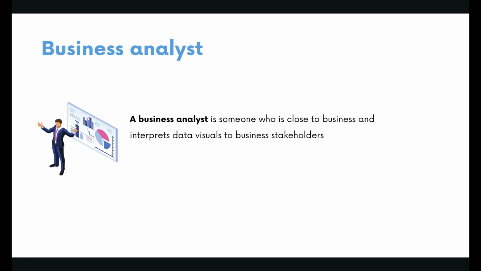In this context, a business analyst is someone who's close to business and is responsible for interpreting data visuals to stakeholders, right? They need to have the know-how to explain what the data actually means and what strategies companies can start planning in order to get to whatever outcome. So the business analysts interpret the visuals to business stakeholders.